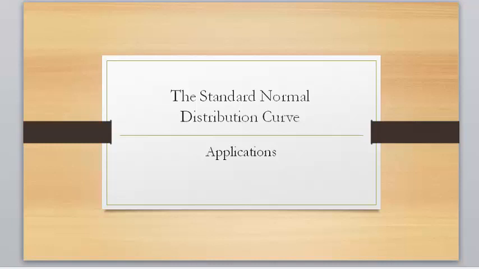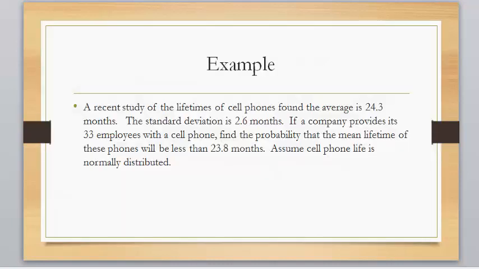Okay, so I want to look at one more example with you using our new formula for finding the application of the standard normal distribution curve. All right, so our example says a recent study of the lifetimes of cell phones found that the average is 24.3 months.